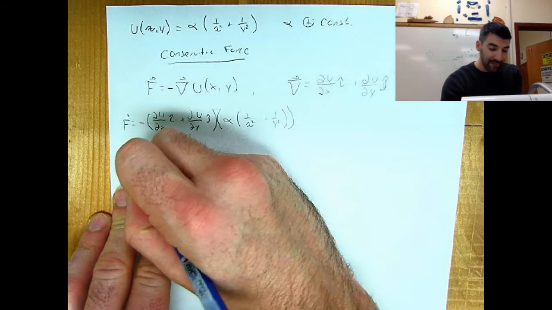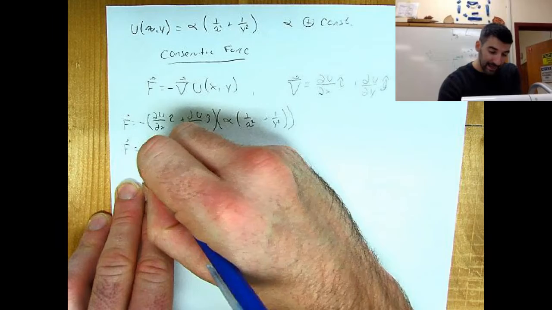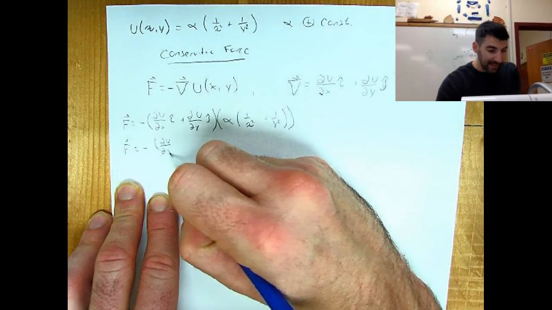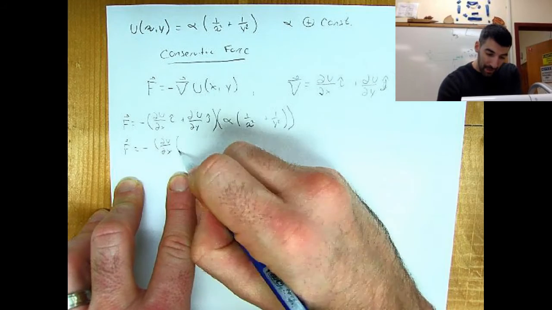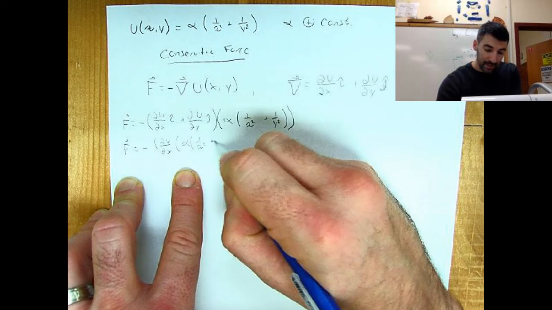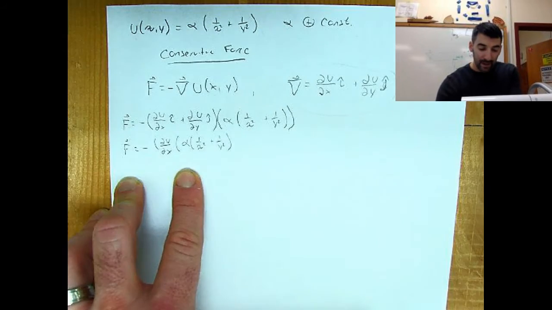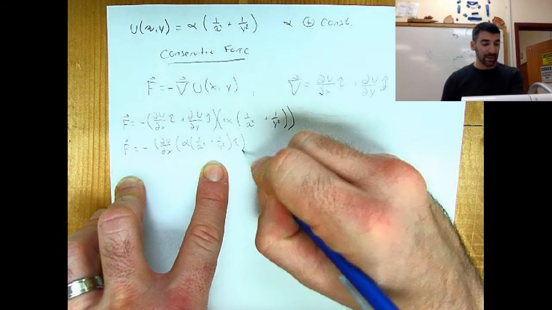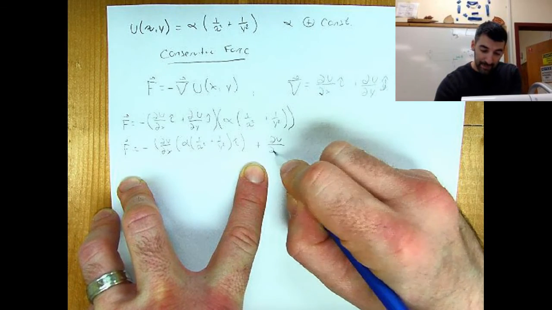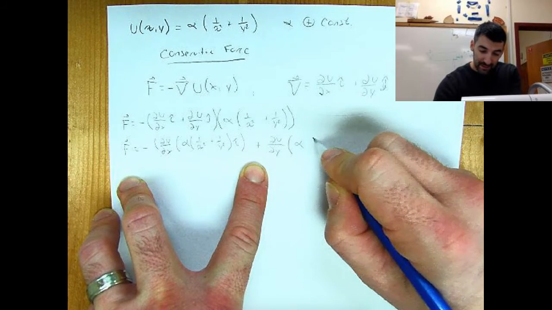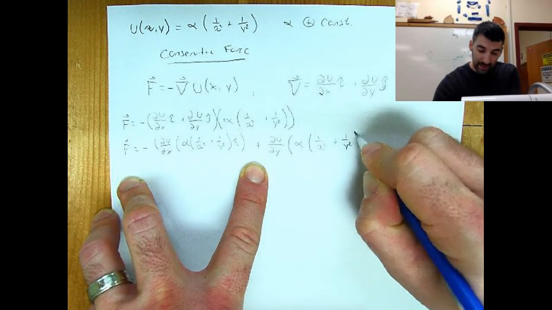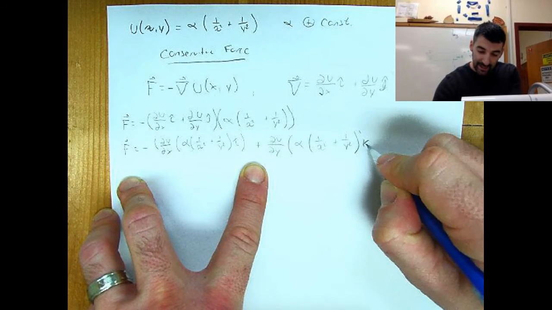So I'm going to say that I have a force equal to negative my partial derivative of U with respect to x times alpha times 1 over x squared plus 1 over y squared. And that's all in my i-hat direction, plus my partial derivative with respect to y of alpha times 1 over x squared plus 1 over y squared. And that's in the j-hat direction.